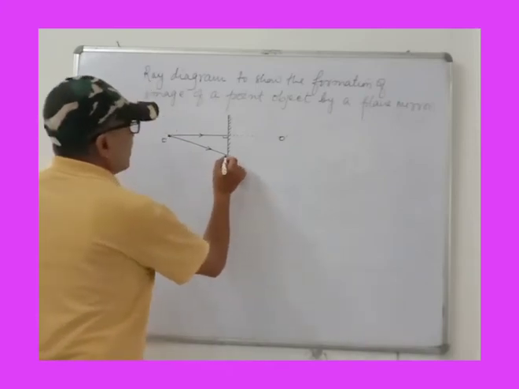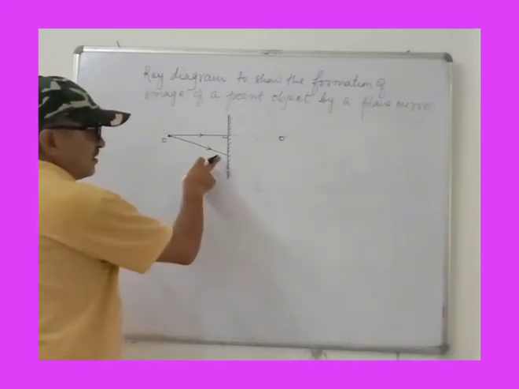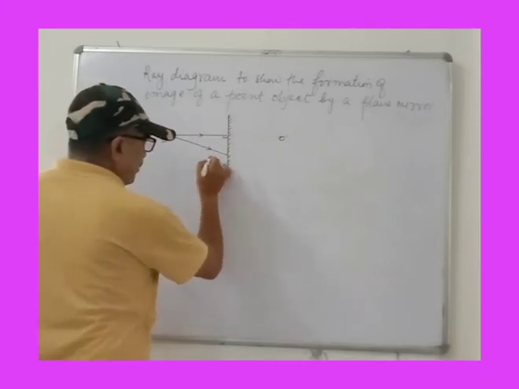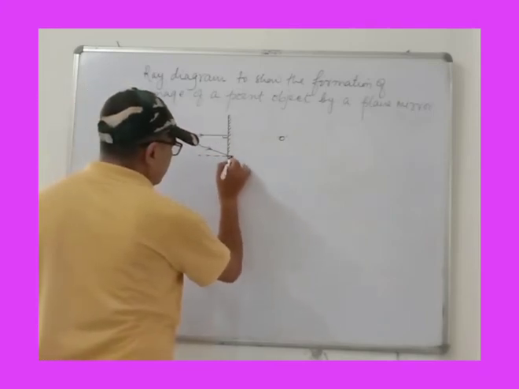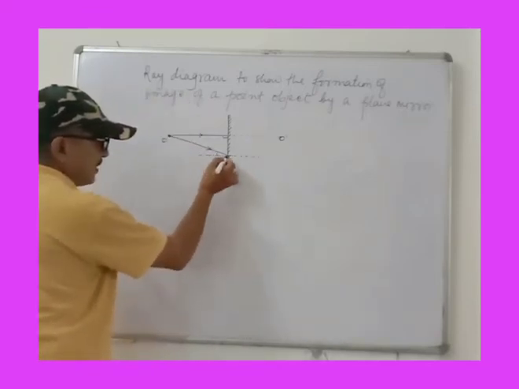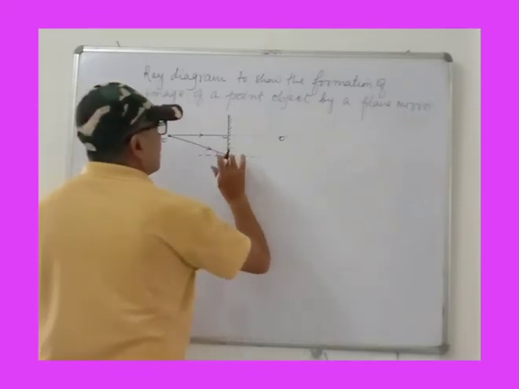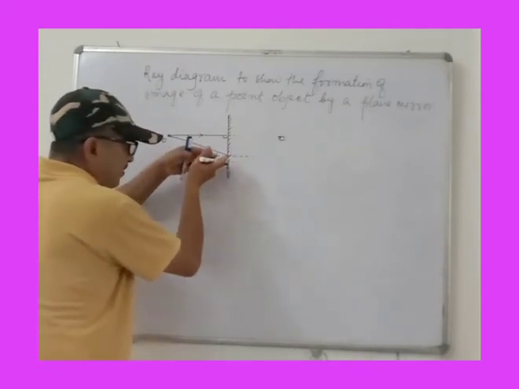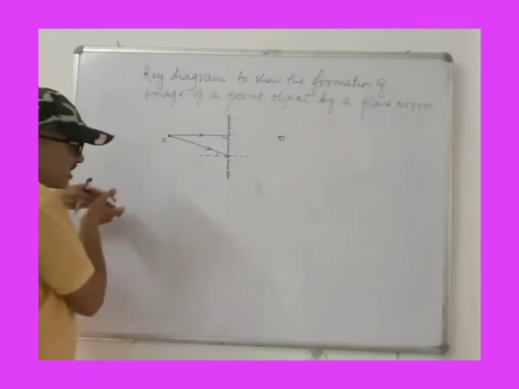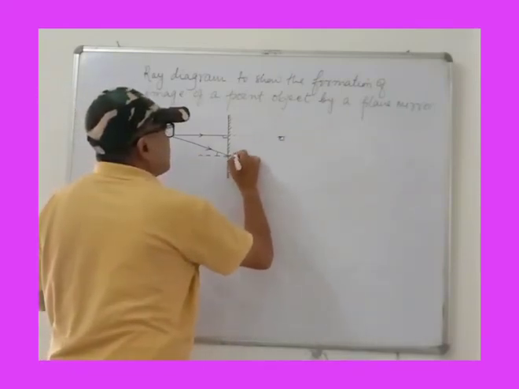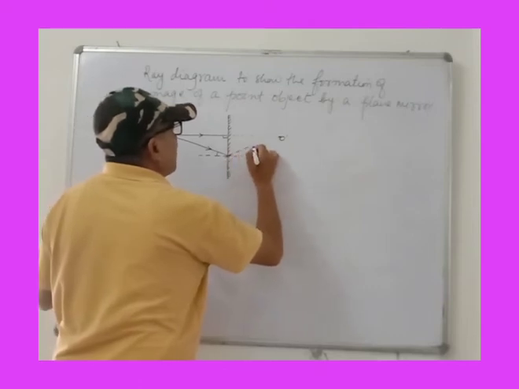From here, it will reflect, regular reflection, plane mirror, regular, so we have to draw normal. Same angle it will maintain, same angle. It will be here. When the reflected rays come in this direction, we have to produce it backwards. And why to produce backwards?